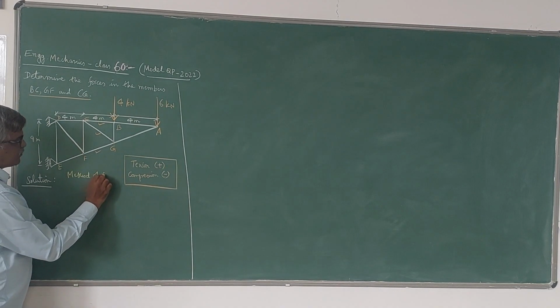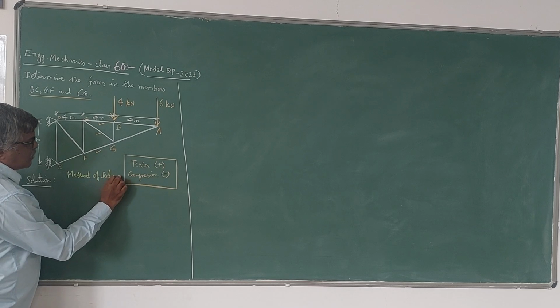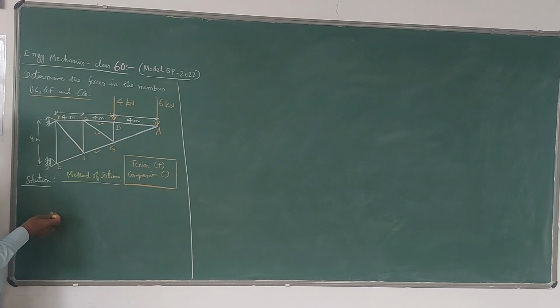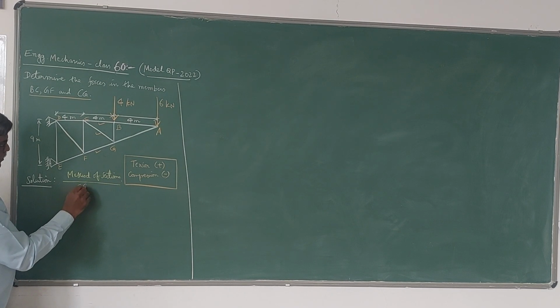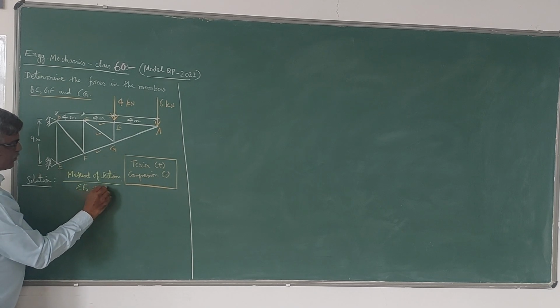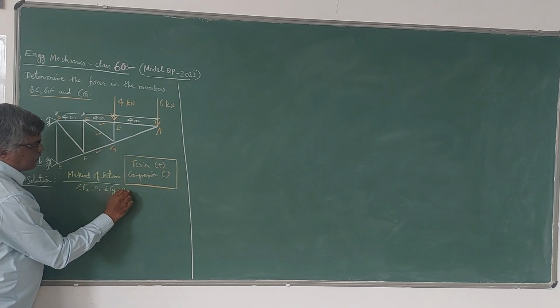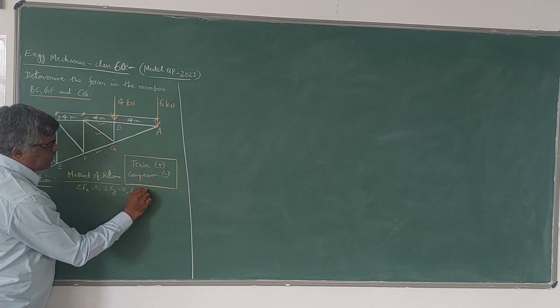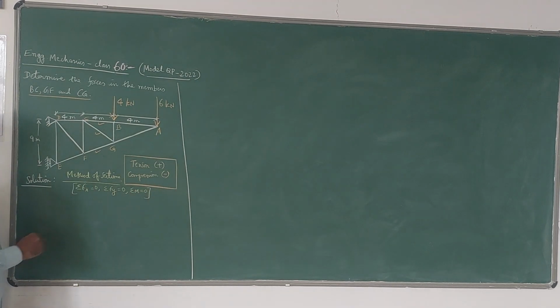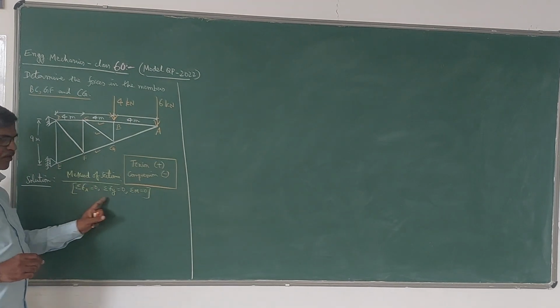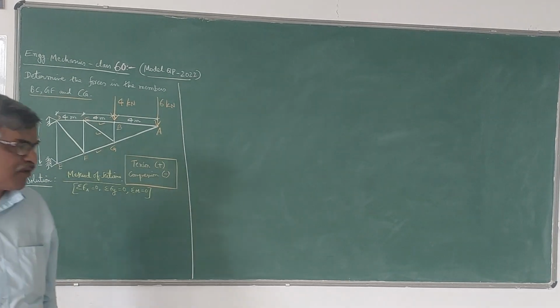In the case of method of sections, we can use all the three equations of equilibrium, that is sigma Fx = 0, sigma Fy = 0, and sigma M = 0 also can be used. Whereas in the case of method of joints, we use only the first two, sigma Fx = 0, sigma Fy = 0.